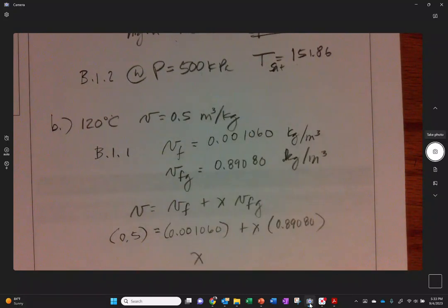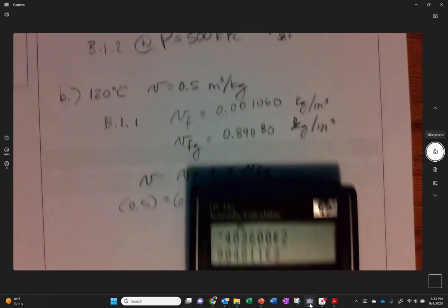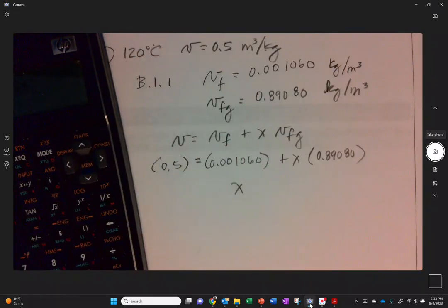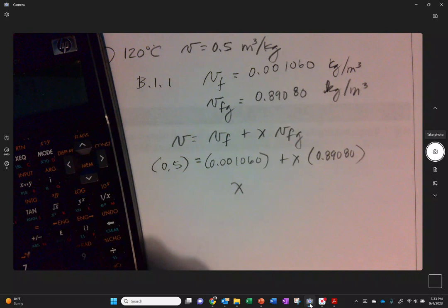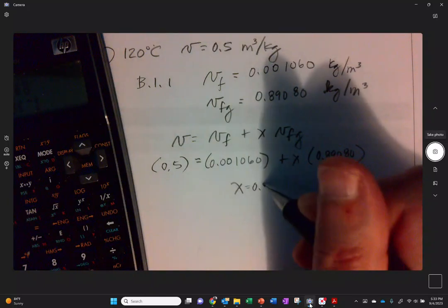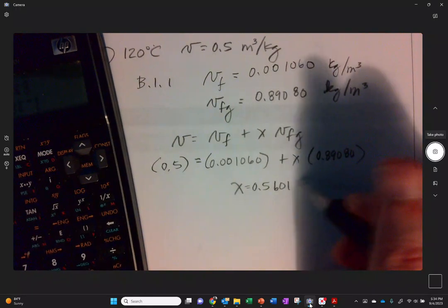So we're going to subtract out the 0.5, so 0.5 minus 0.001060, divide by 0.8908, and I get 0.5601, and that's fine right there.